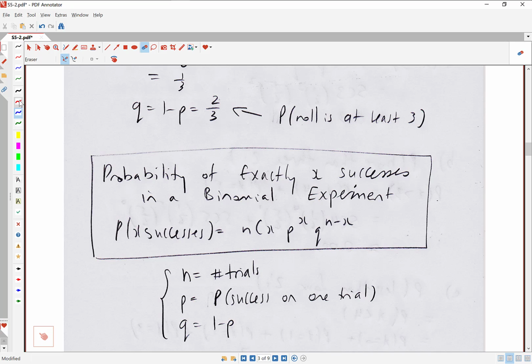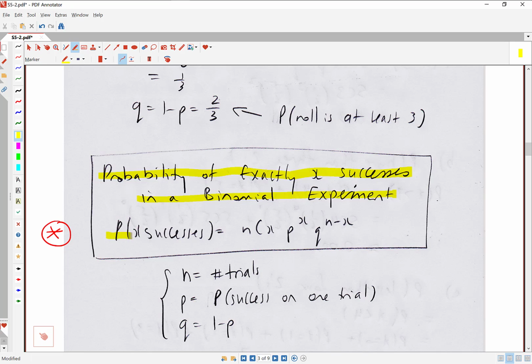So now we're getting into the main formula for this section. The formula tells us how to calculate the probability of getting exactly X successes in a binomial experiment. And here's our formula.